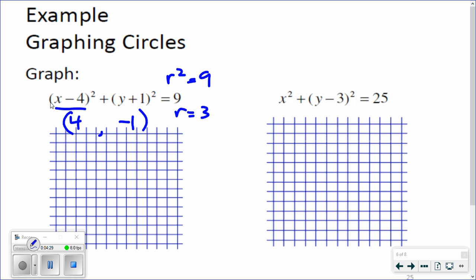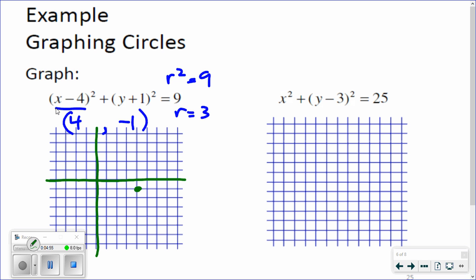So we're going to put a coordinate grid in here. Maybe I should use something other than blue, since blue on blue is kind of hard to see. So 4, negative 1 would be right there.